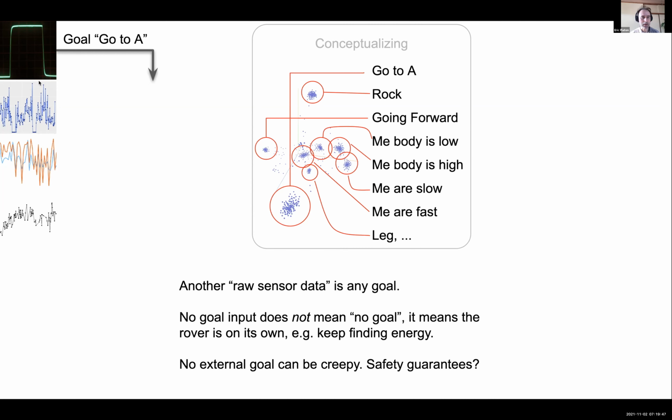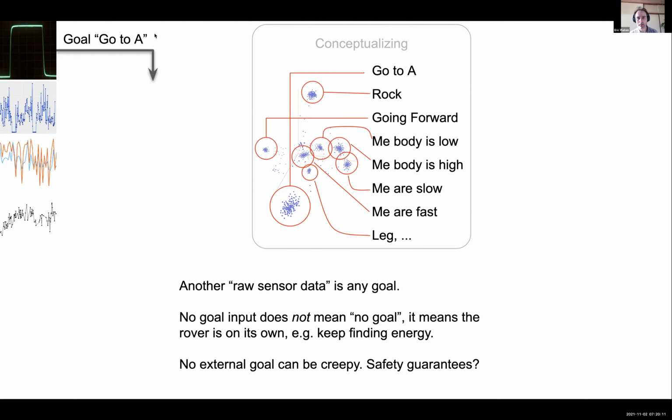But what was missing is this part. I mentioned sensor data coming in, and the robot can make its own clusters, its own concepts out of that data. But there is another input usually. This is by definition a robot, which means slave, so we also have a command. Here, for example, is a goal, and the goal is also a signal we send.